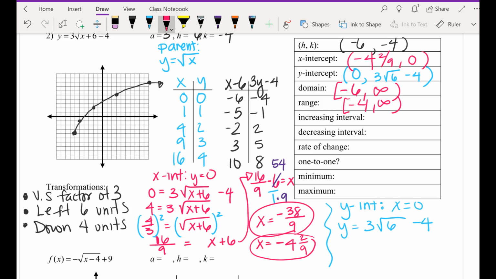Look at the graph and tell me, is this decreasing or increasing, Rex? Thank you. So I'm going to say decreasing none. Increasing from where to where, Delaney? Right.